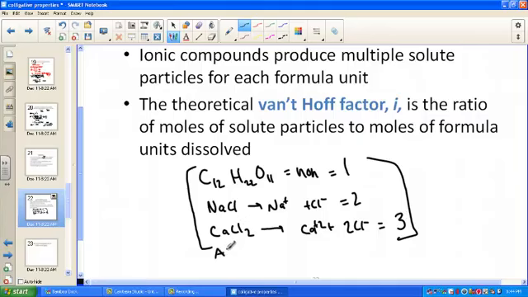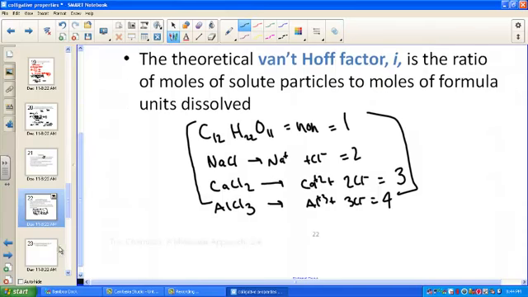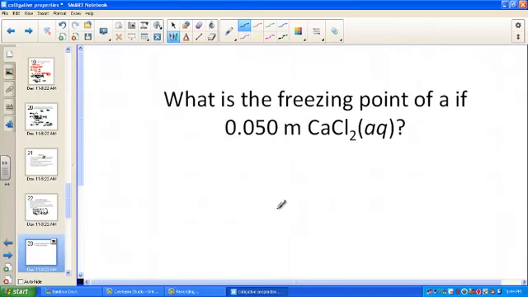I can follow the trend. Aluminum chloride gives me an aluminum and 3 chlorides, van 't Hoff factor of 4. 4 times the effect on the boiling point as compared to molecular sugar. So you see why it was so important to keep writing that van 't Hoff factor in our practice problems.